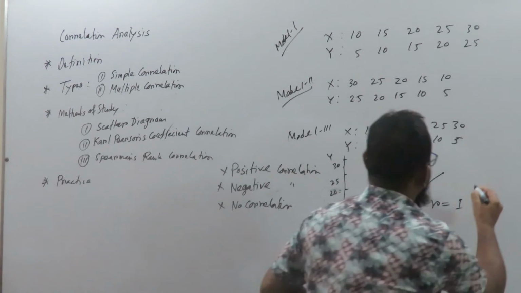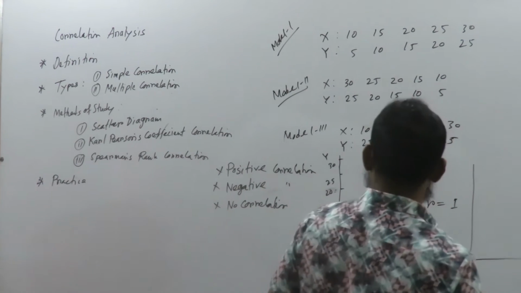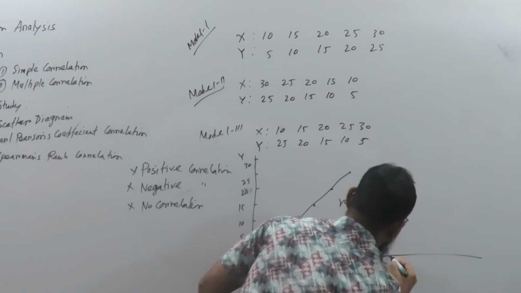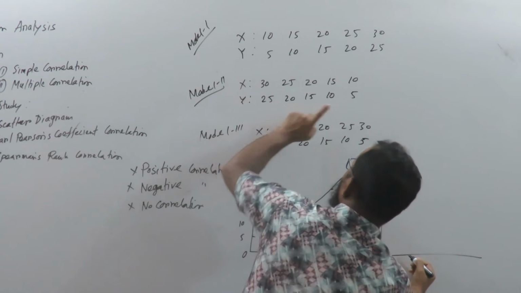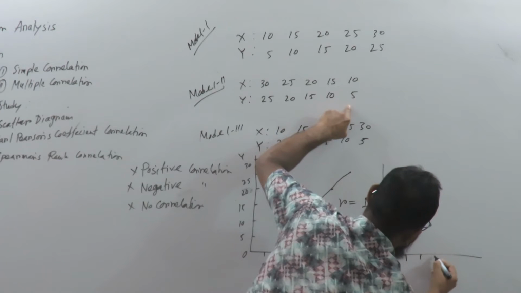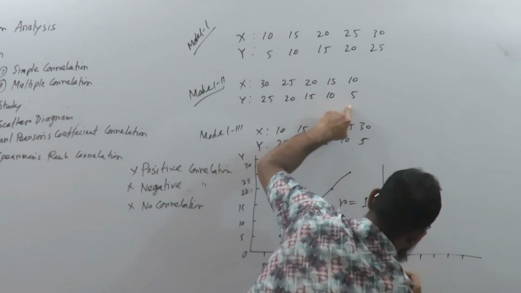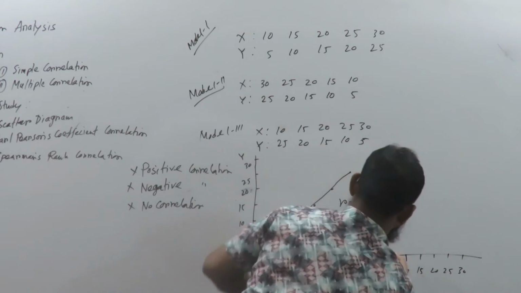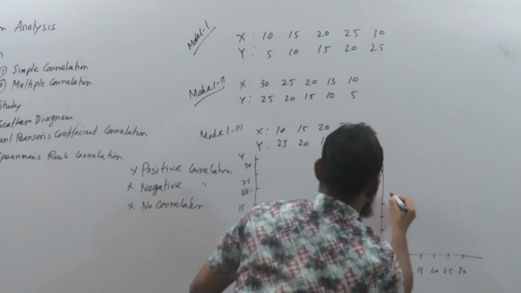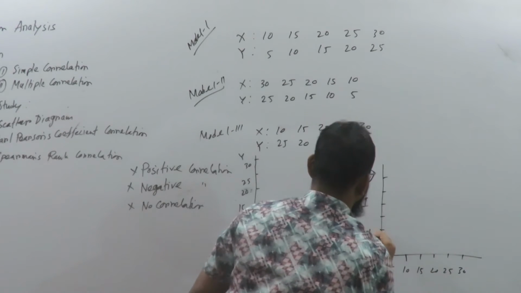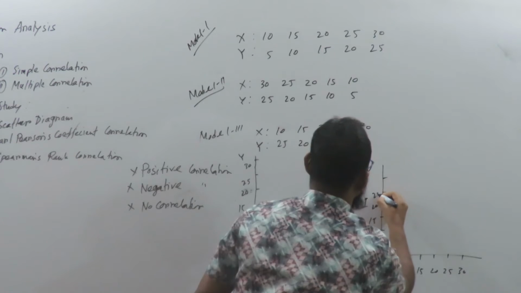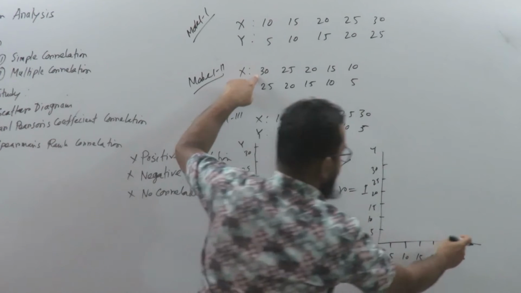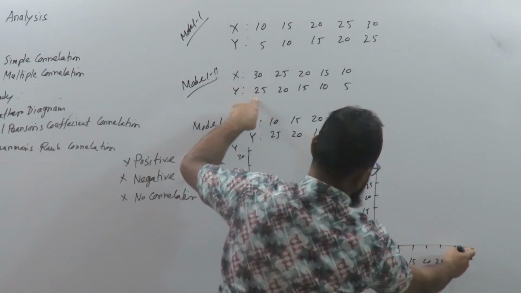We can prove another one, model 3. Model 3: this is the origin, 0. On the x-axis 10, 15, 20, 25, 30 and on the y-axis 5, 10, 15, 20, 25, 30. Look, when x is 30, y is 25.